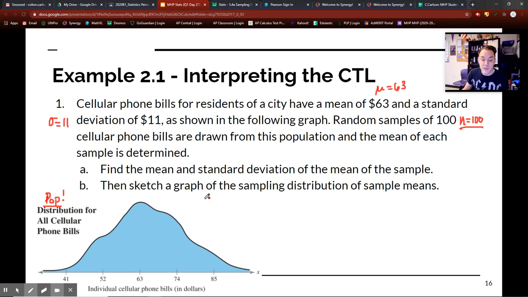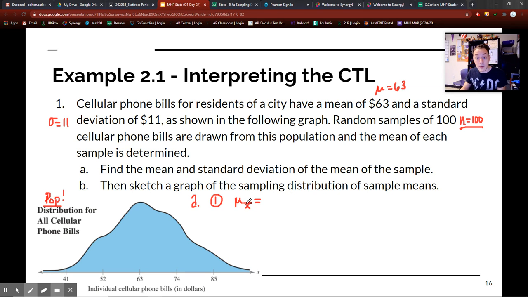So what's my first step here? Well, A, find the mean and standard deviation of the mean of the sample. So my first step here is going to find my mean. I want to find the mean of my sample means right here. Now notice, just like what we did in example 1.1, 1.2, 1.3 with the probability distributions, we noticed that they were equal.